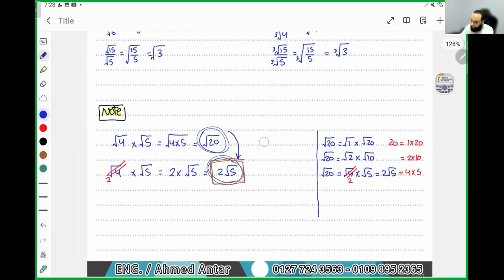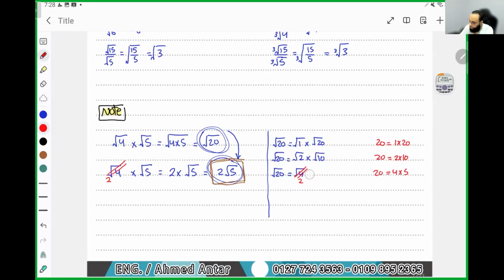Okay, again. We can find 20 in three ways. We can get 20 by 1 times 20, or 2 times 10, or 4 times 5. In the question, I need to convert root 20 into 2 root 5.